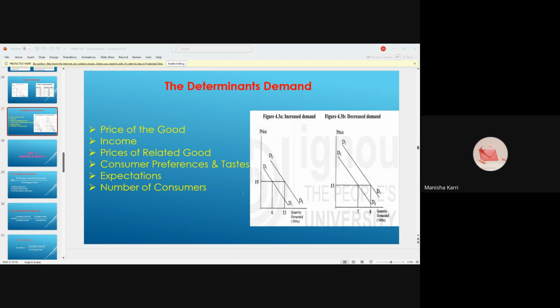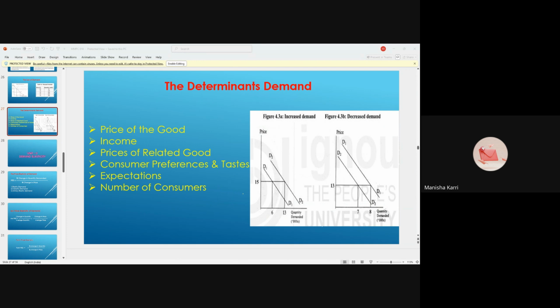For example, take gold bonds or some gold. If the consumer expects that the gold price will increase in the upcoming one month, then the consumer will buy the gold now itself, isn't it? This is the future expectations.